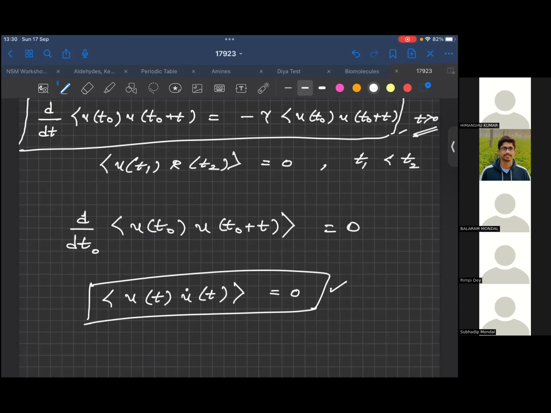So basically it will be like KBT equal to M gamma something, right? That is for a Markovian process, stationary and delta correlated noise. That was also for a stationary process.